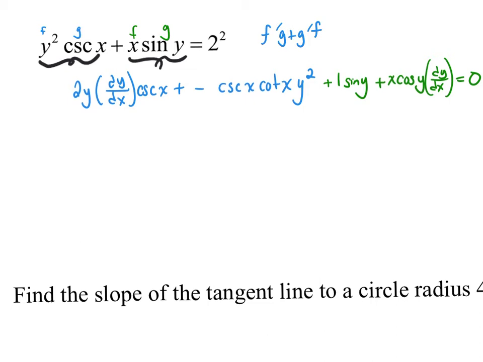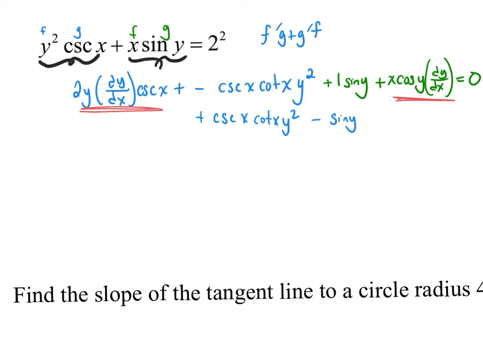So we have this ginormous mess that we have to kind of decipher. So this term has a dy/dx, and this term has a dy/dx, and the other two do not. So I'm going to add cosecant x cotangent x y squared, and I'm going to subtract sine y to the other side. So I'm going to do that to both sides.